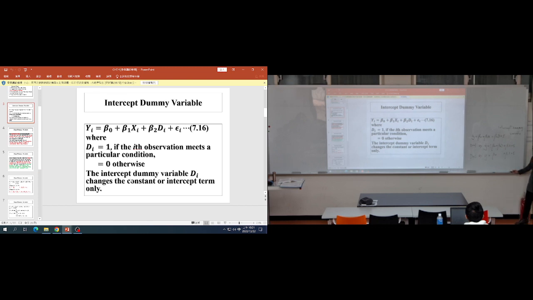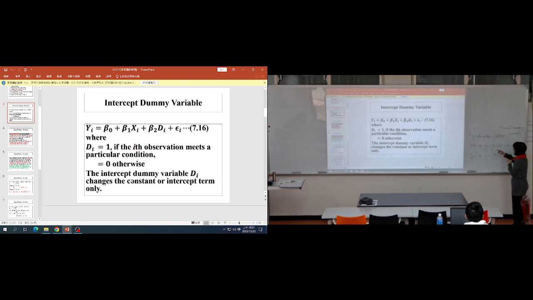Now I'd like to introduce more about this. This is just a small story. I'd like to explore more about these regressions, and this is also related to the functional form, with this X and D. But I can add one more interaction term. What do we mean by an interaction term?